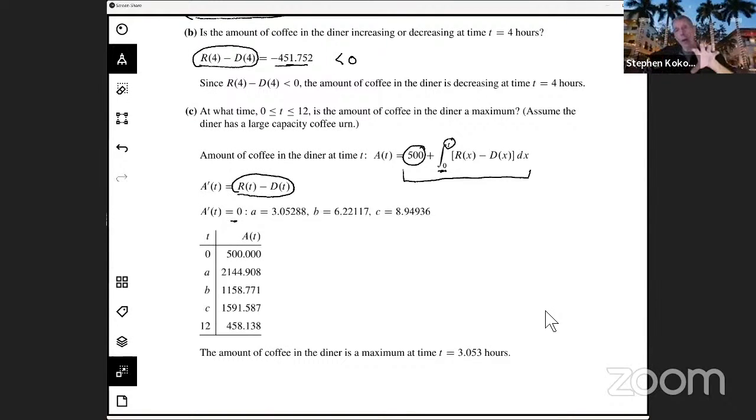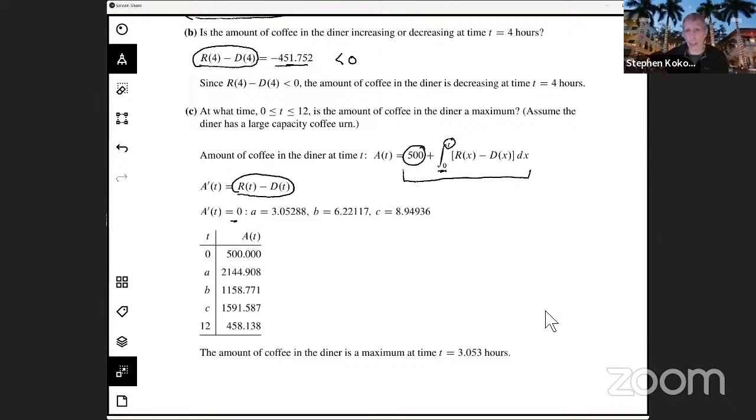So I'll show you how I did that on my calculator in a moment, but there are 3 values where that occurs, where A prime is equal to 0. There are the values. I don't know why I reported those to a little bit more accuracy, but 3 digits is all that's necessary. But remember, store these values in your calculator to the greatest degree of accuracy allowed.